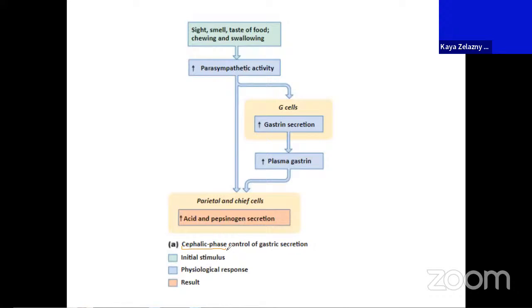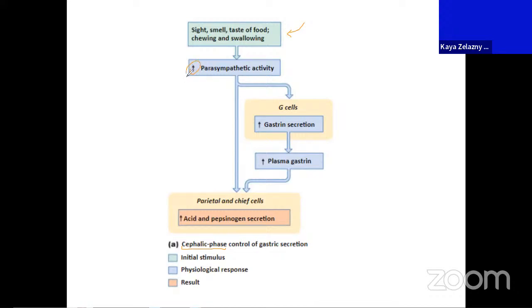So our stomach acid, pepsinogen, our gastrin. So we are sensing the food with our face, our sensory organs. This is how we're defining the cephalic phase of control, right? This is activating the parasympathetic part of our autonomic nervous system.